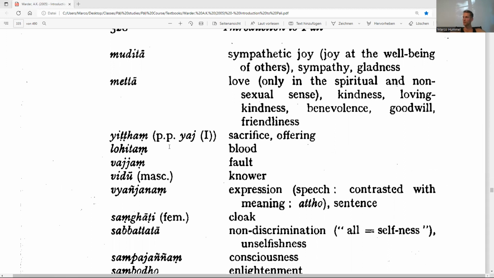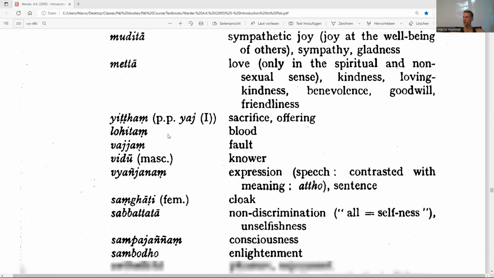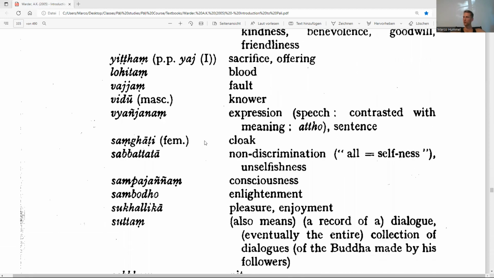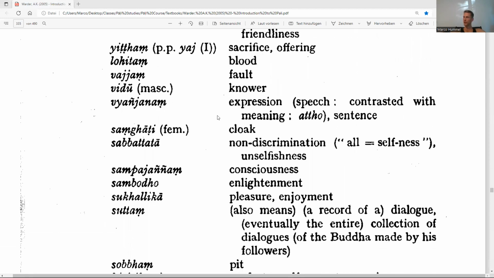Yittang, as the PPP from yajati, so sacrifice, and this means the sacrifice or offering. Lohitang, literally red, as an adjective, and here means blood. Vajjam, fault. Vidu, knower, like Lokavidu, knower of the worlds.